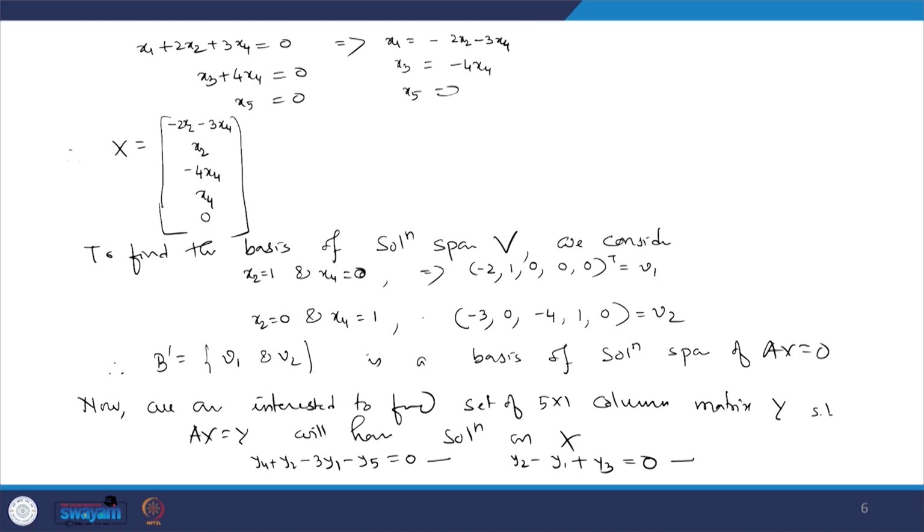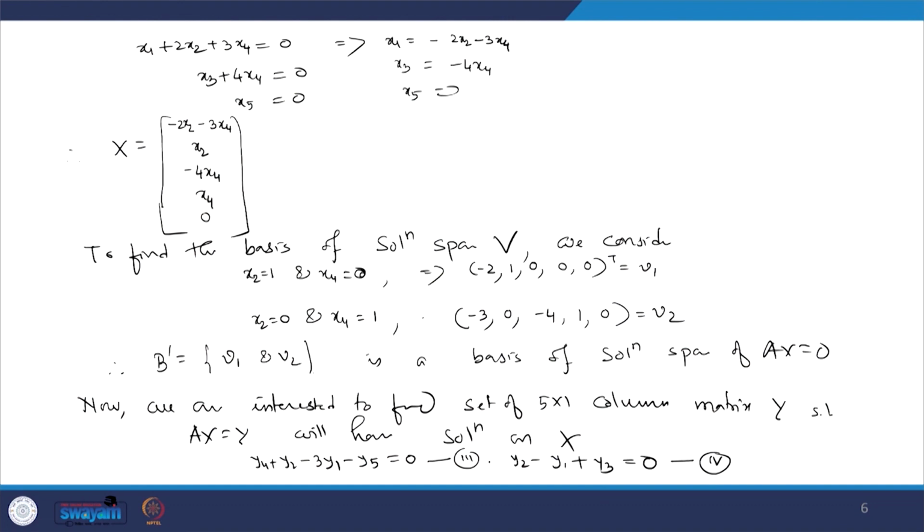So, these are the two conditions 3 and 4. All capital Y whose entries y1, y2, y3, y4, y5 satisfy conditions 3 and 4, for that set of Y, the system Ax equal to Y will have a solution capital X, provided the entries satisfy these two relations. So, this is all about the different questions I raised related to the given matrix.